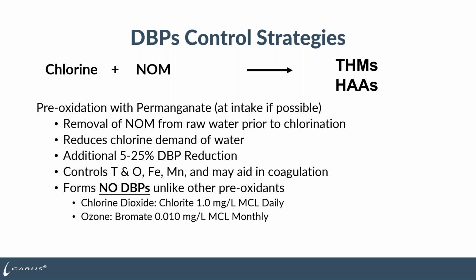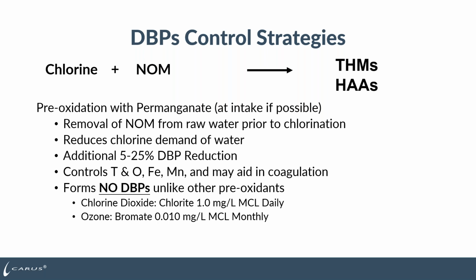Now, if you do choose one of the other options like chlorine dioxide or ozone, they do form disinfection byproducts. In the case of chlorine dioxide, you will form chlorite in the water, and that has a maximum contaminant level, daily, of 1 milligram per liter that you need to be below. And if you are feeding ozone, there is a bromate limit of 0.01 milligrams per liter as an MCL on a monthly basis.